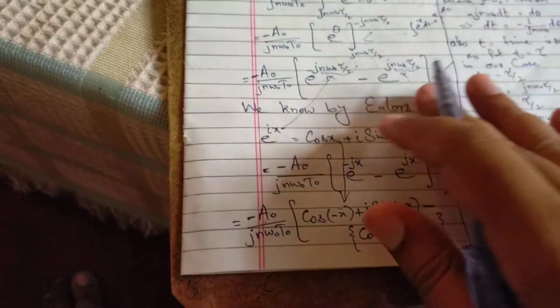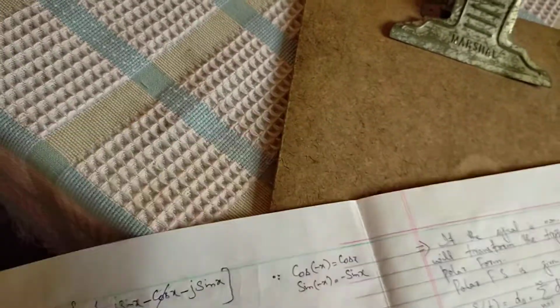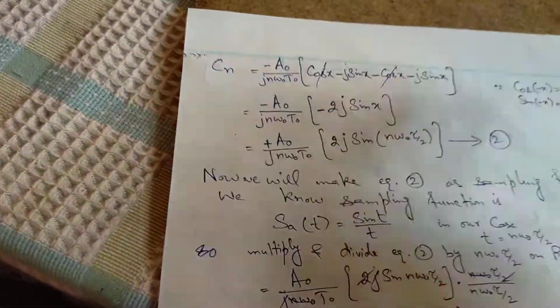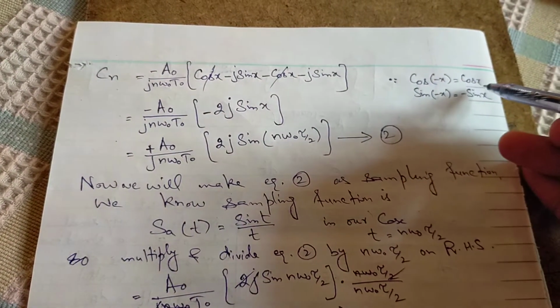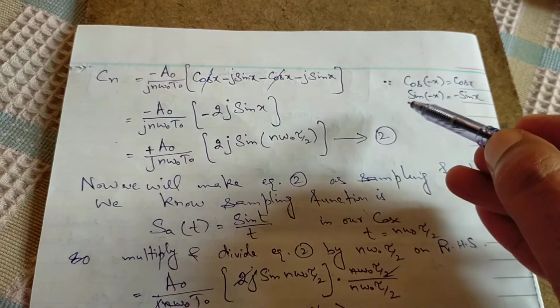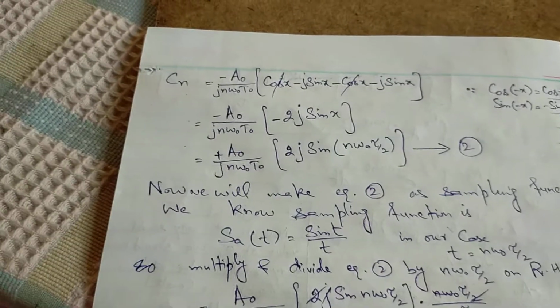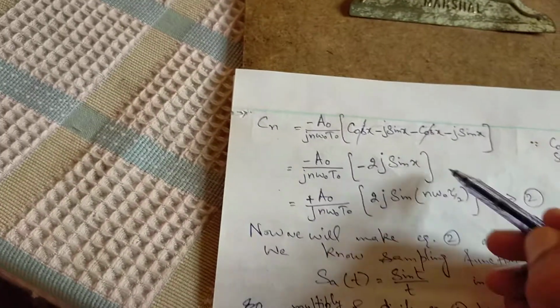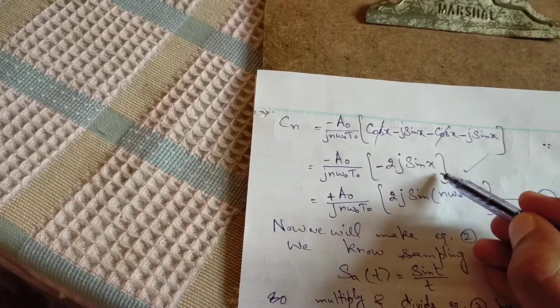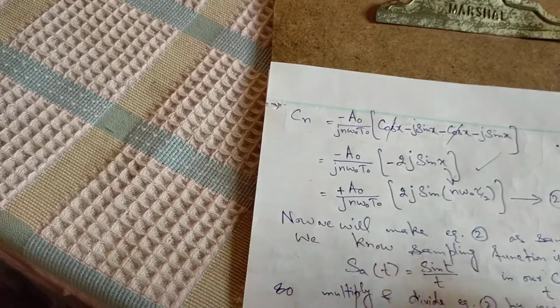So by solving the formula, we will get this result. We also know that cos minus x is equal to positive cos x, and sin minus x is equal to minus sin x. After opening the brackets, we will get this result, and putting the value of x, we will get this.